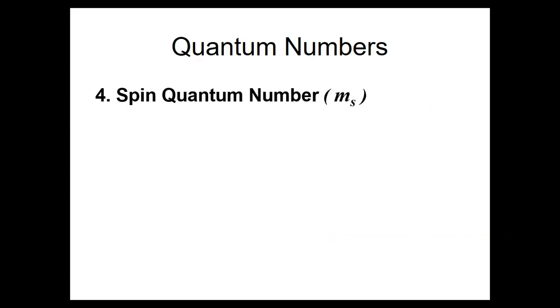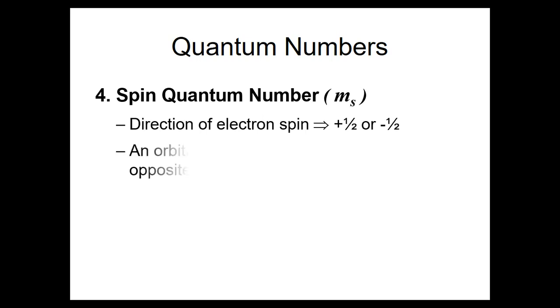Okay, so before we go over the sheet on Google Classroom to review all this information, I want to go over one more quantum number, which is M sub s. So there's a spin quantum number. This describes the spin of the electron. The spin is either positive a half or negative a half.